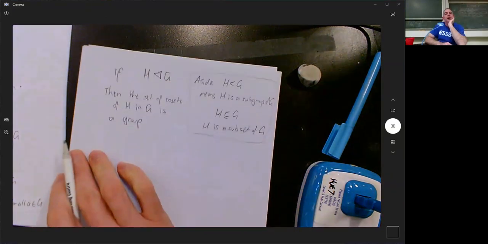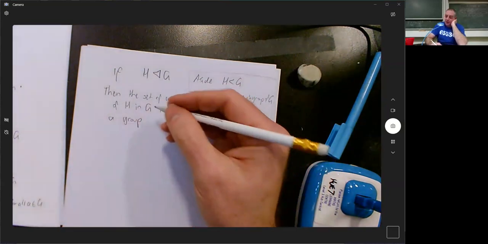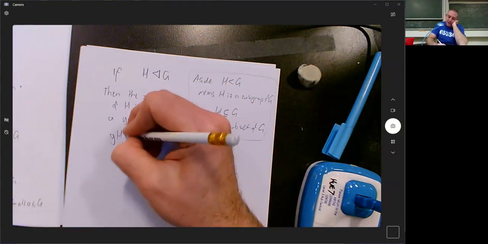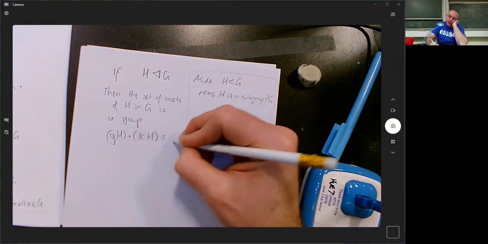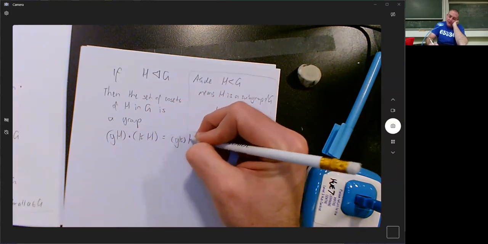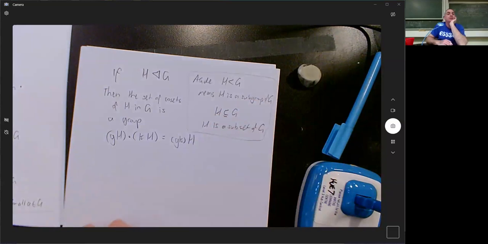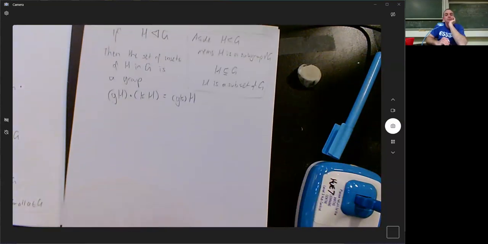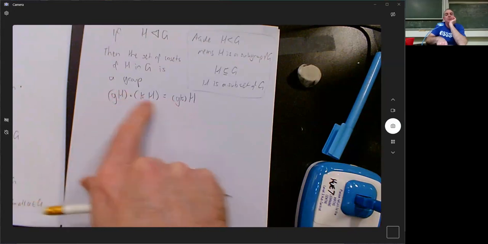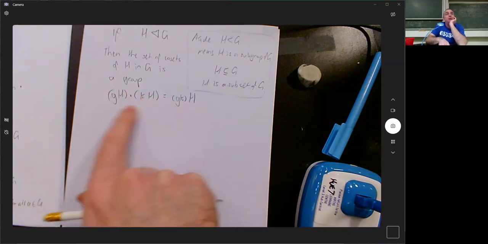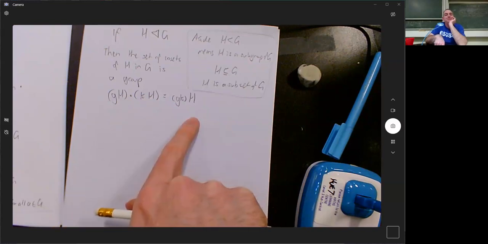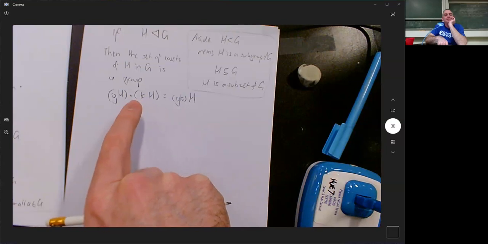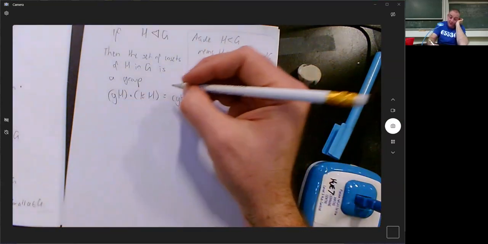Is a group under its own little multiplication where GH times KH is the new coset made by multiplying G and K, H, like that. Is this meaningful to you? Like this is defined to be this, right?